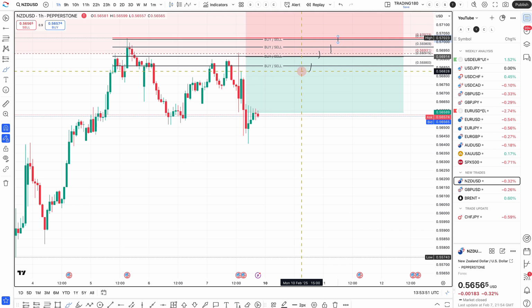Then if I get triggered into two positions, I get a 1-to-1 on this one. And if I get a 1-to-1 on that one, then I'm canceling these pending orders, right? Taking my risk out of the market once I hit profit target on any one of these. And then once I've banked that, I'm only open on one position at 1%.